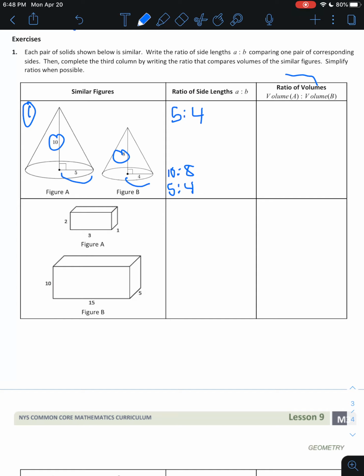ratio of volumes. Remember before, we just had to get the area of each shape. But now, since we're dealing with volume, we have to get the volume of each shape.